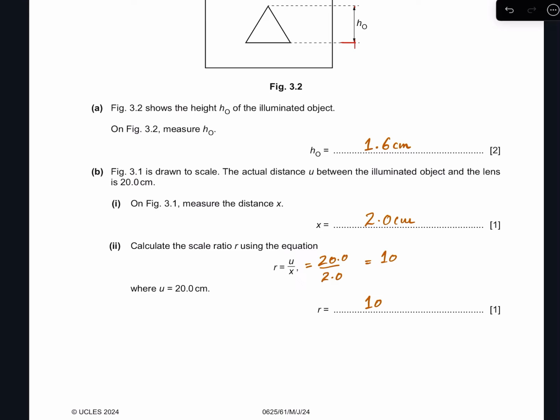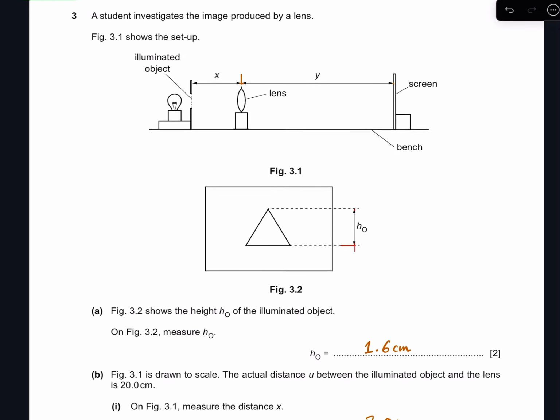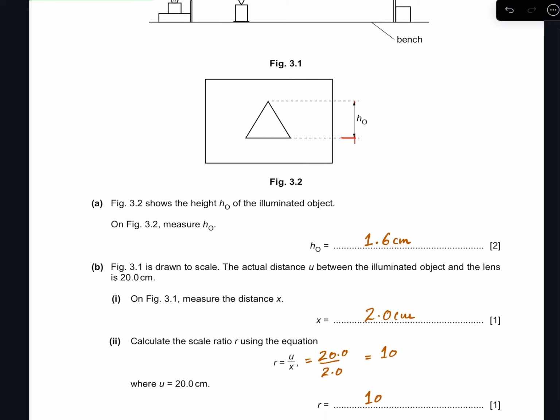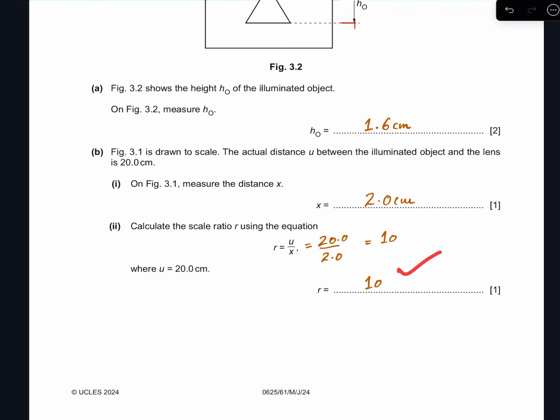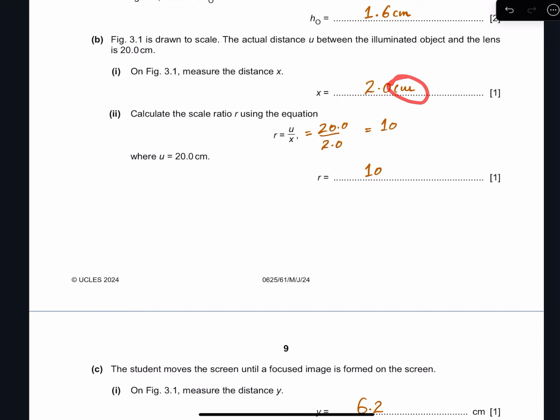We have to find the actual distance u between the illuminated object and the lens. अच्छा, u is given. That is u. Here you go. u is 20 and x is 2. You just have to put the values, you get 10. Okay, units नहीं आएंगे इनकी because centimeter and the centimeter of x will cancel out with each other. अच्छा, u यहाँ पे भी given था.